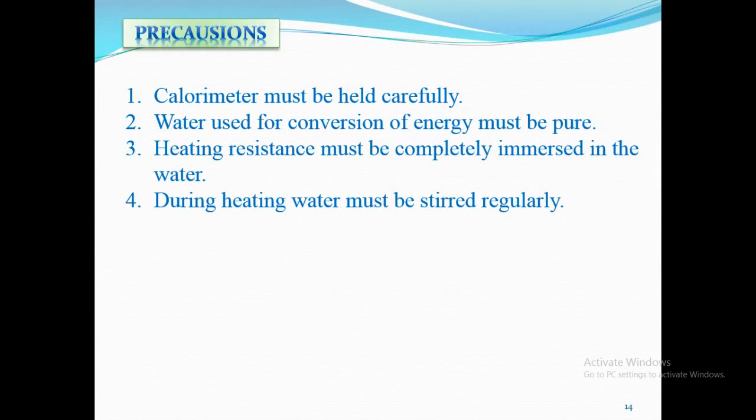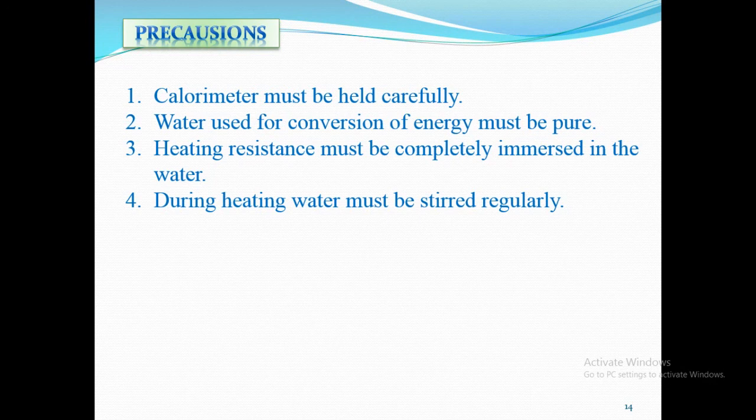Teacher, what about source of error? I told you. Source of error is, for example, the calorimeter is not perfectly tight, and precaution is calorimeter must be held carefully. But again it is not perfectly tight, so a little heat can go out of the calorimeter.